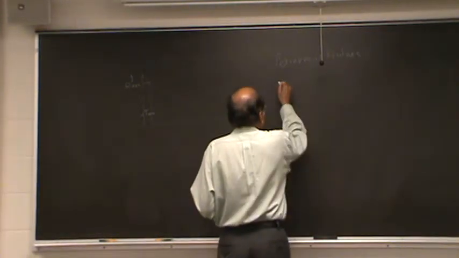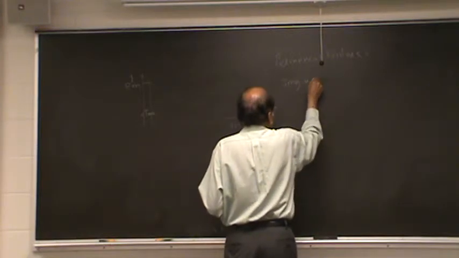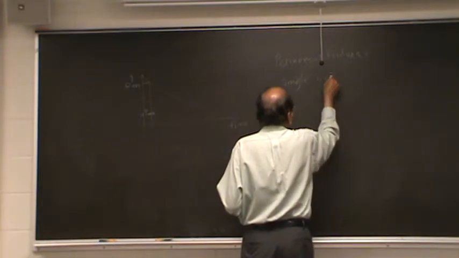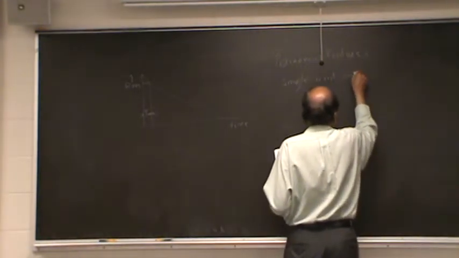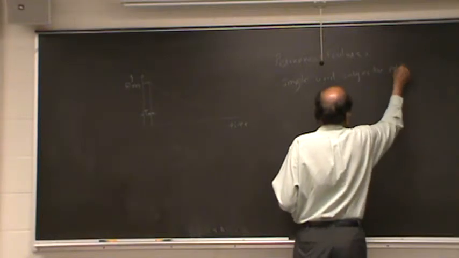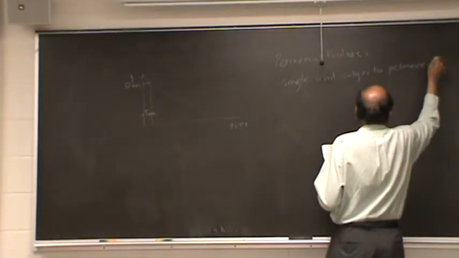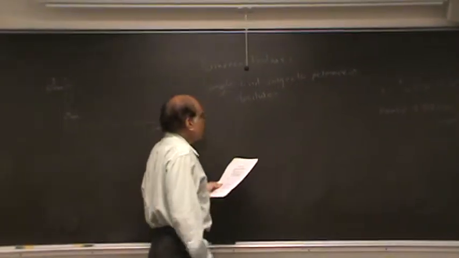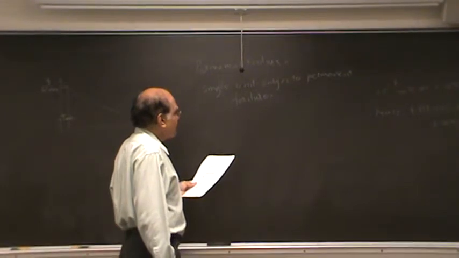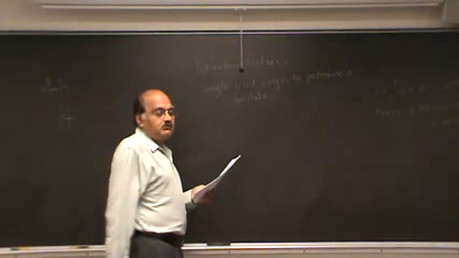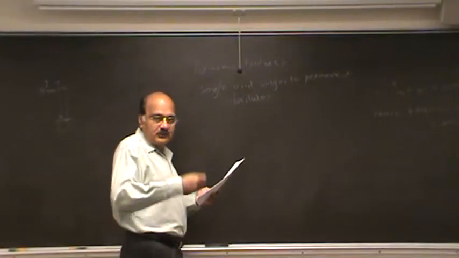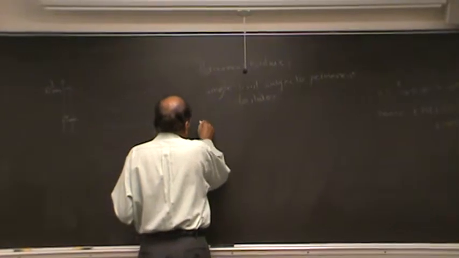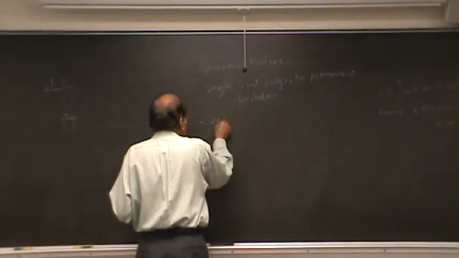So we are considering a single unit subject to permanent failures. Basically, once the permanent failure occurs, we throw it away. That's what we mean by this. And let me mention an assumption, the constant failure rate assumption.